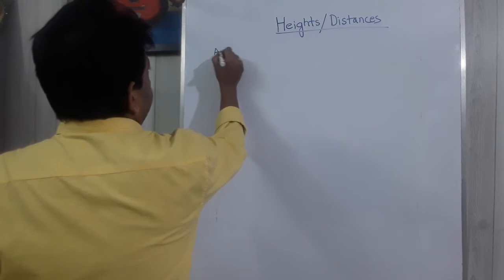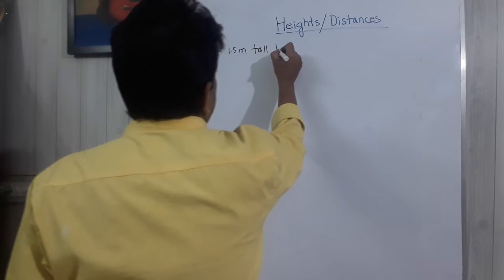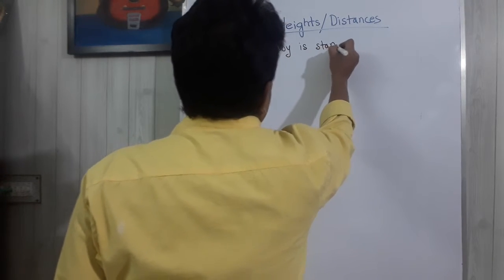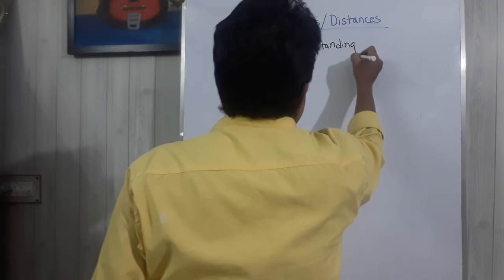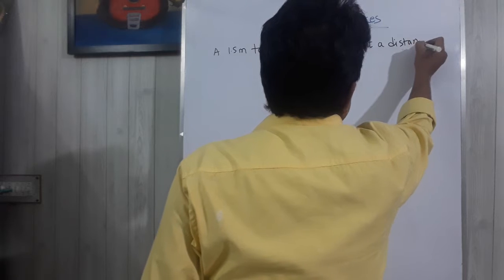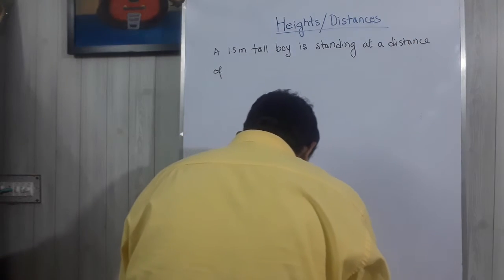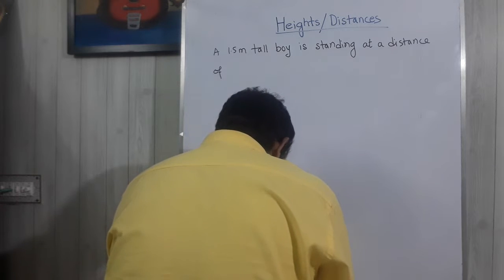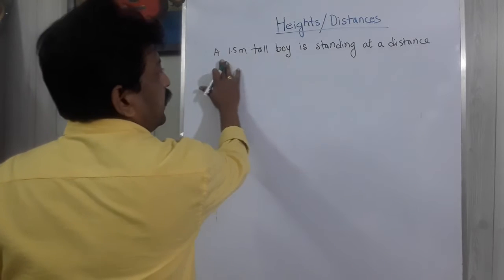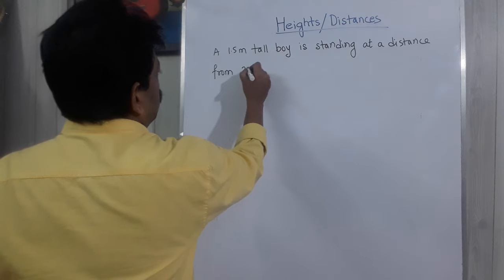A 1.5 meter tall boy is standing at a distance from a 30 meter tall building.